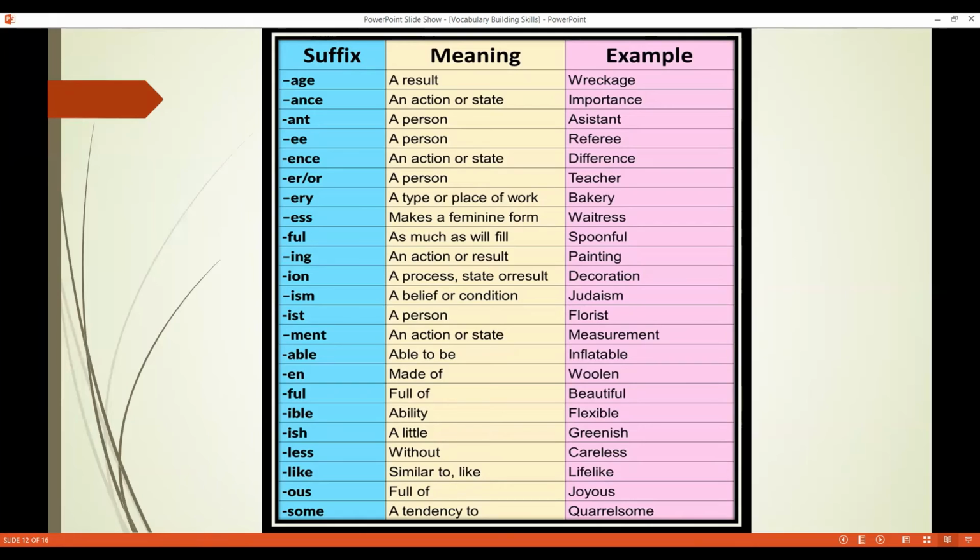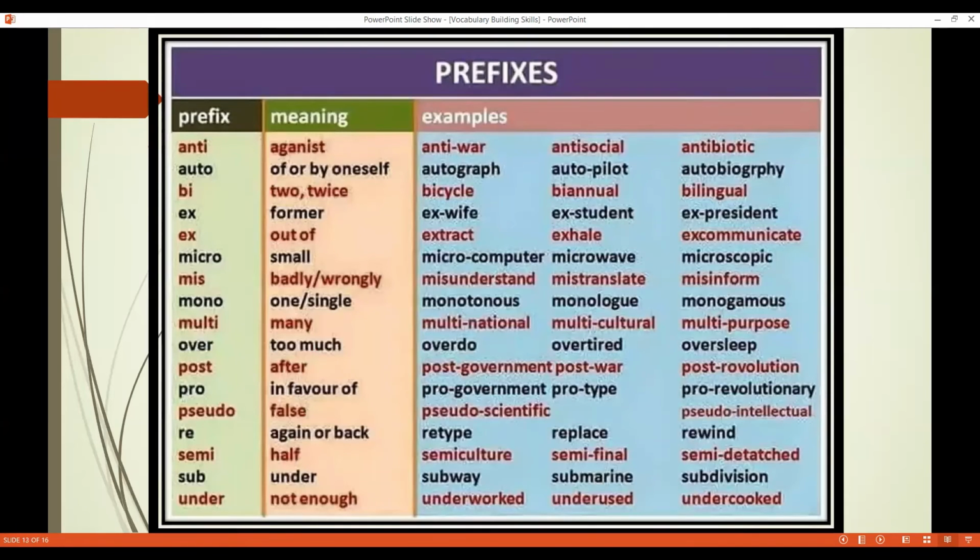And probably in our next class, we'll be having some collaborative exercises where we could practice those suffixes, maybe in the form of sentences or in our conversation class. Take some time out to look at these prefixes, the list of a few important prefixes along with the meanings and the examples.